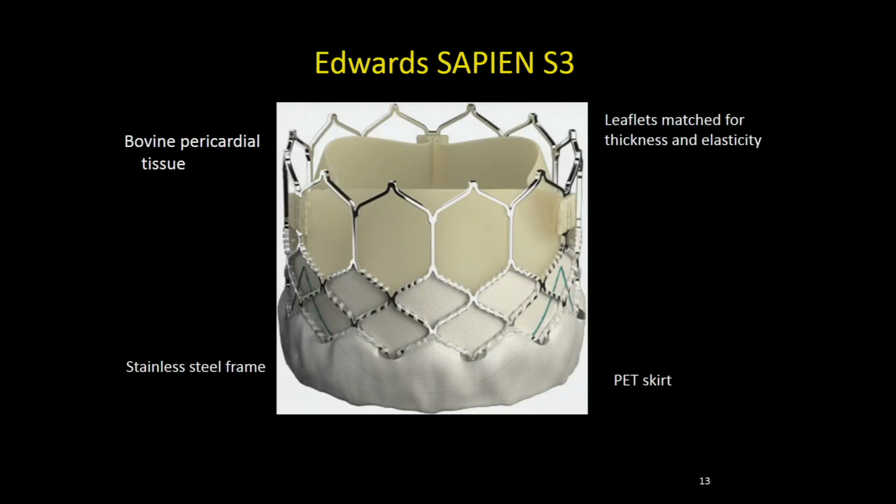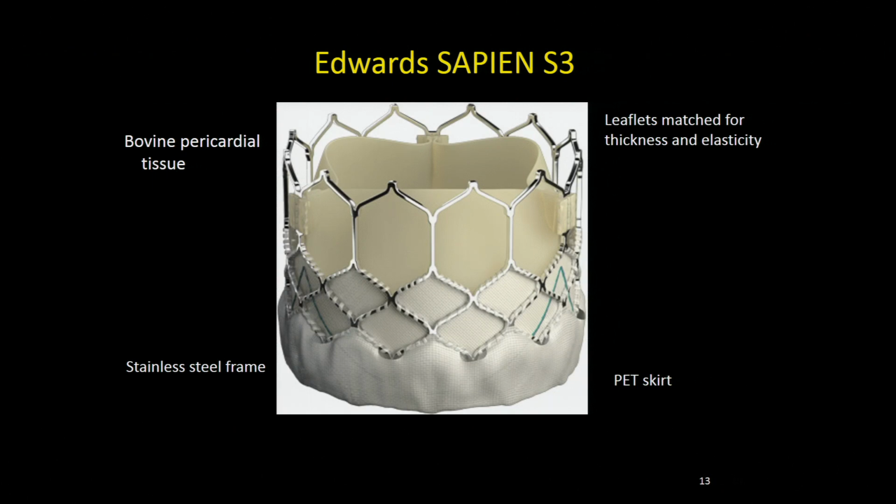So I'll tell you just a little bit about the two current valves that we're using. The Edwards Sapien S3 valve basically has two components. There's a metal stent. It's made of cobalt chromium, just like our coronary artery stents, just substantially bigger. The valve itself is made out of bovine pericardium.